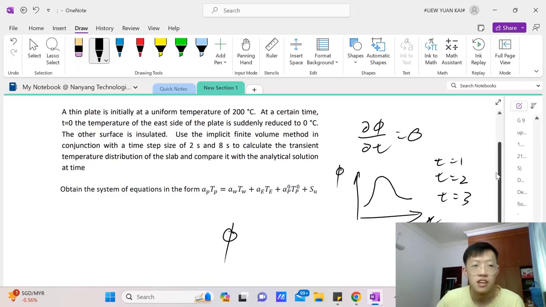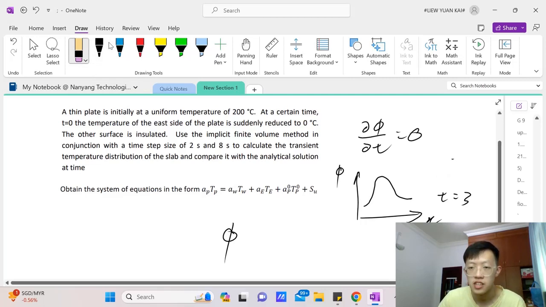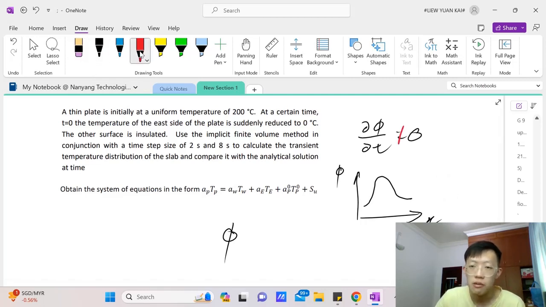But in a transient problem, there will be d phi dt. It will show up in the governing equation, in the transport equation. It doesn't have a value of 0. And what you'll see is that the phi versus x graph will change over time. This is what you call transient.